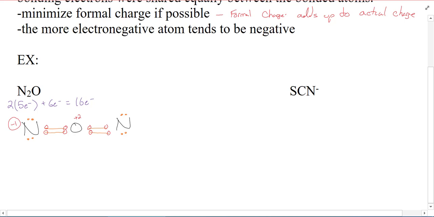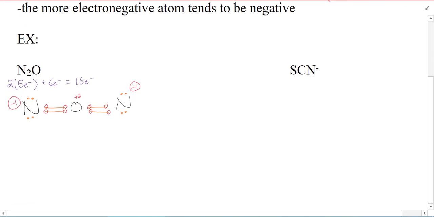Just like the other nitrogen, it's -1. It has 6, brought in 5, -1. Now, if we look at our electronegativity charts, if we remember our top 5, fluorine's number 1, oxygen's number 2. Oxygen's definitely not happy here.